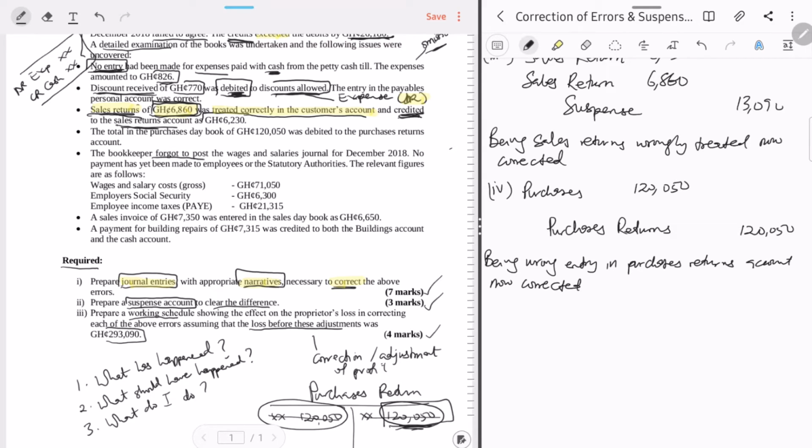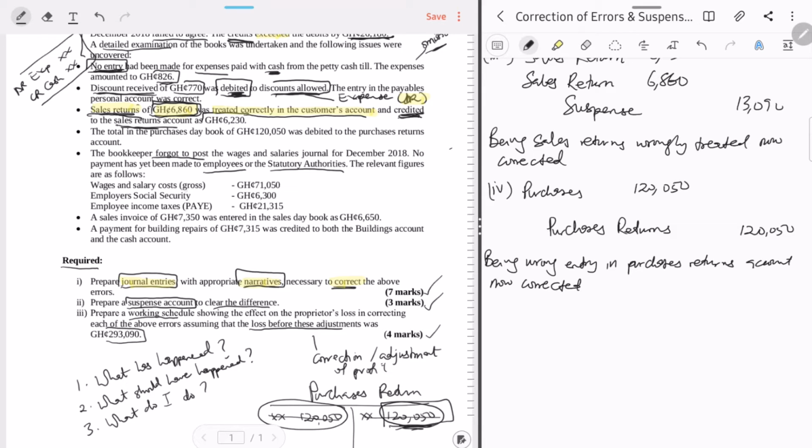Forgot means he omitted. He did not enter these at all. So he forgot to post the wages and salaries journal for December 2018. No payment has yet been made to either the employees or the statutory authority. So we know this is something we must do from scratch. There is no wrong entry to correct. We have to enter the entry ourselves. The relevant figures are as follows.